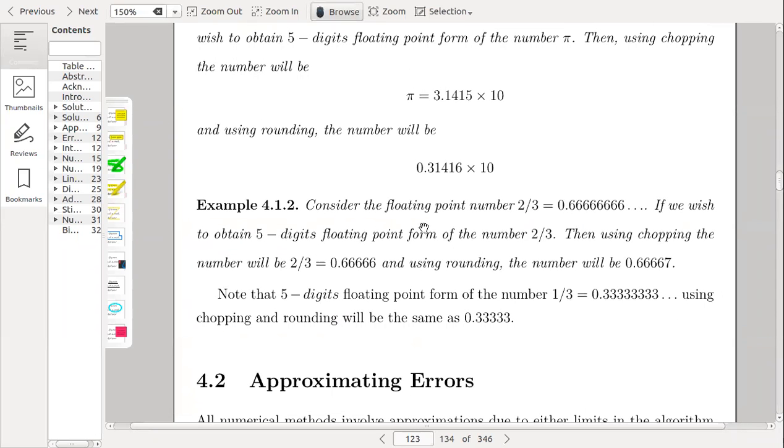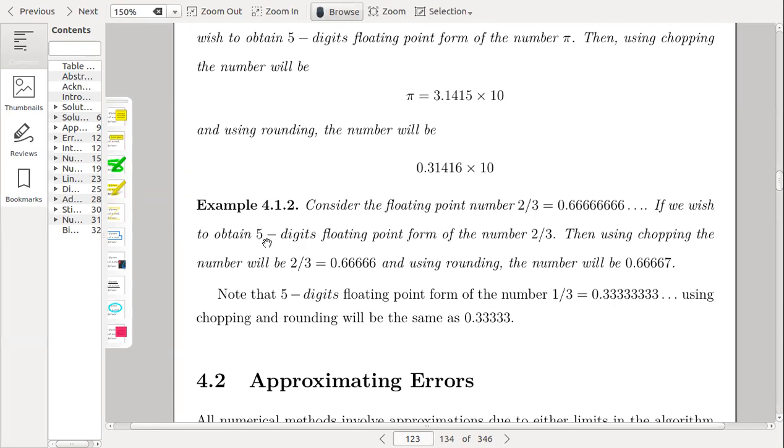Example 2: consider the floating point number 2 by 3 is equal to 0.666, and so on. If we wish to obtain the 5 digits floating point form of the number 2 by 3, then using chopping, the number will be 0.66666, and using rounding, the number will be 0.66667.